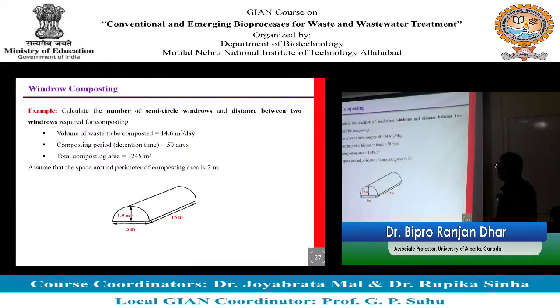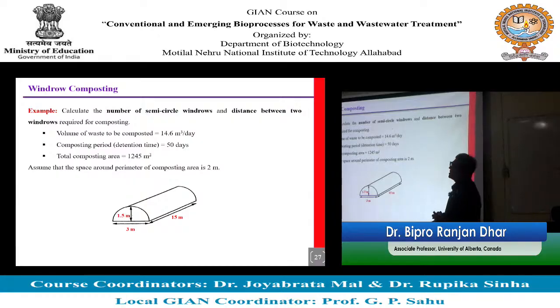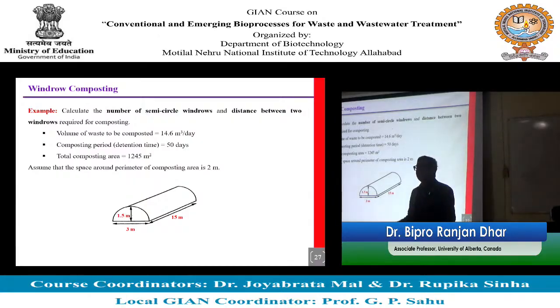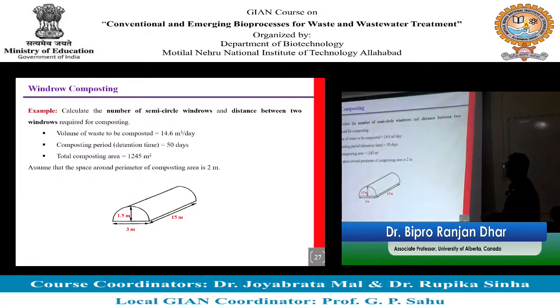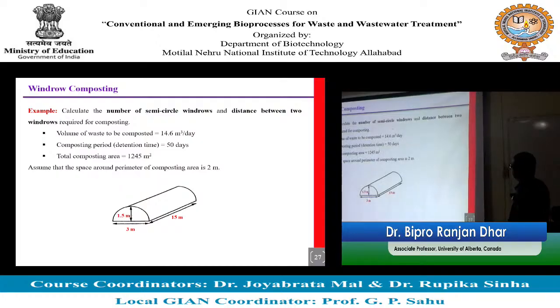Every day 14.6 meter cube waste is generated, and we assume that our composting process takes 50 days. So each batch runs for 50 days, and space around the perimeter is 2 meter, while in the previous example it was 3 meter.